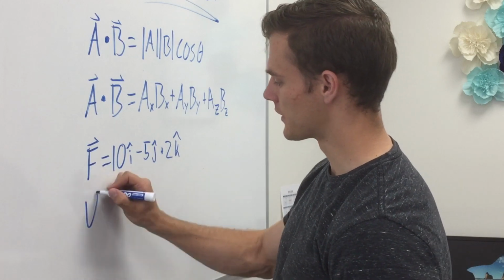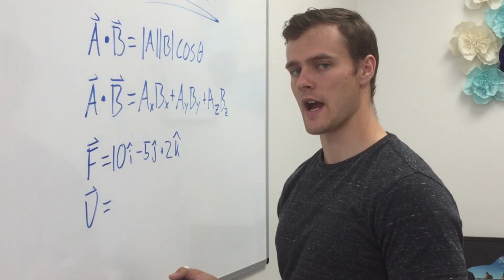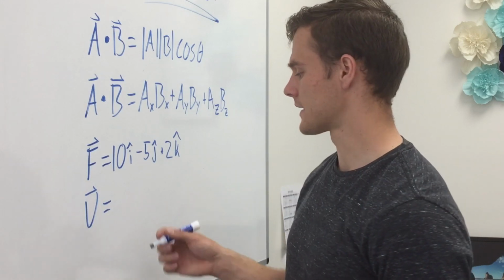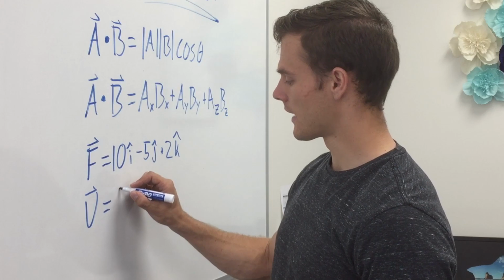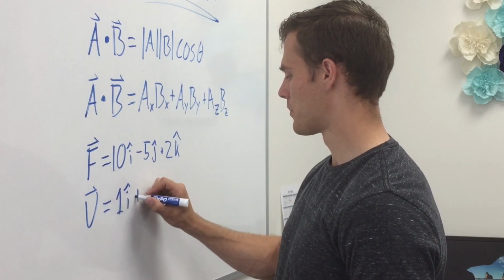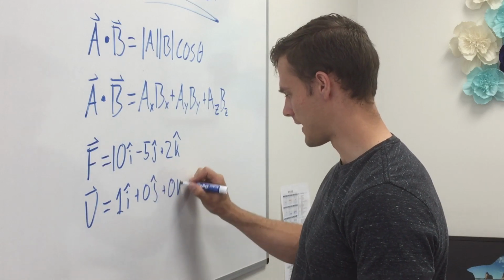Then we have a unit vector that is only going in the i direction, or in the x-axis. So that's going to look like 1i plus 0j plus 0k.